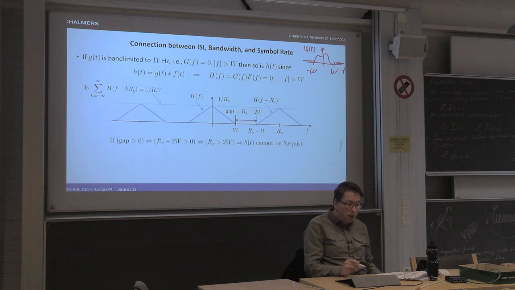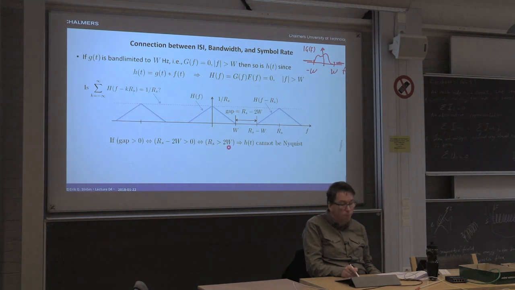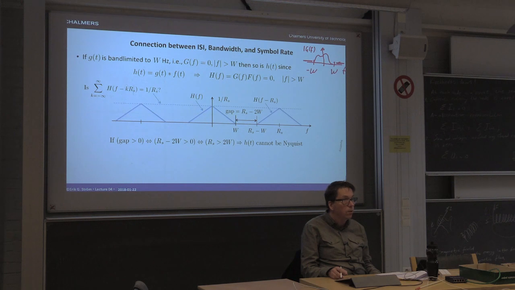If the gap is greater than 0, that means that Rs minus 2W is greater than 0, which means that Rs is greater than 2W. Then H can never be Nyquist. So intersymbol interference will be there, regardless of how we design transmitter and receiver pulses.